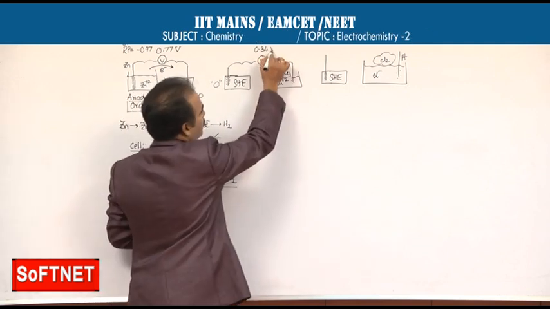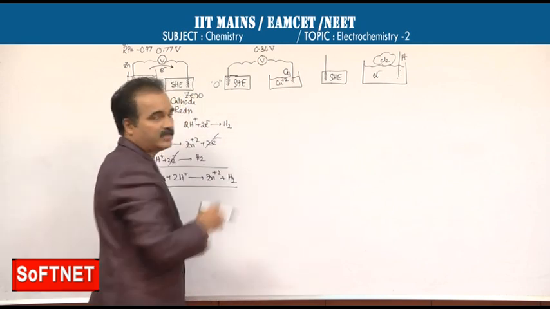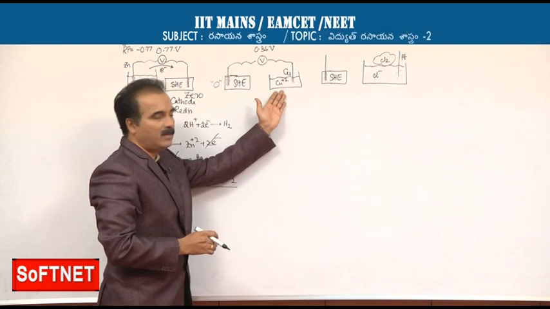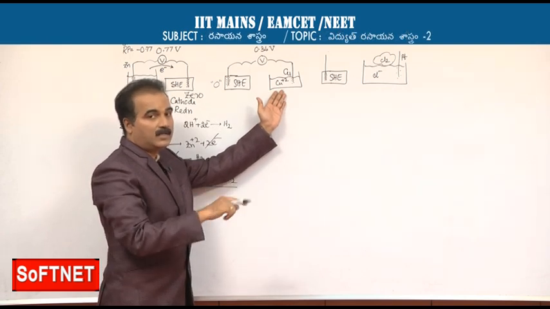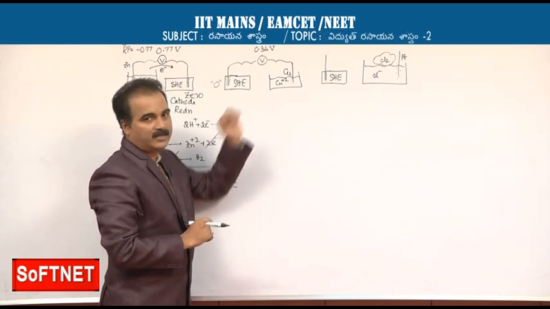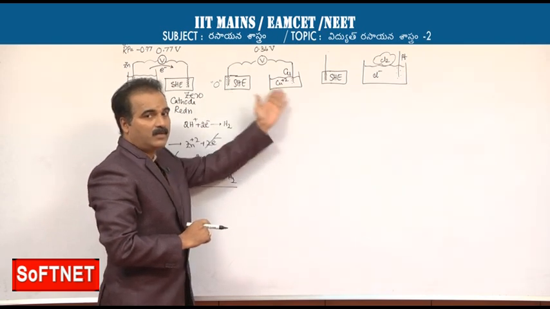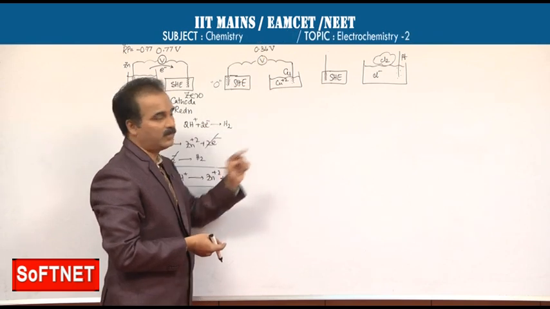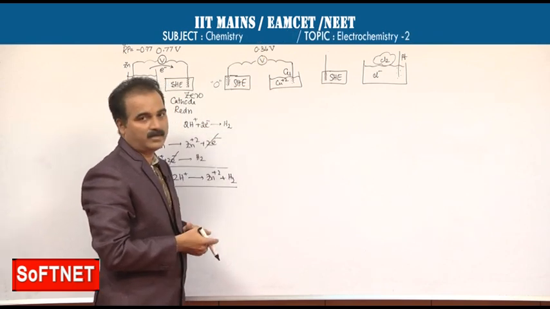So, 0.34 volts difference in potential is developed, means with respect to hydrogen electrode, copper electrode has developed a lesser potential of 0.34. This is already 0 and this is lesser than 0 by 0.34 volts. So, this will be minus 0.34 volts.